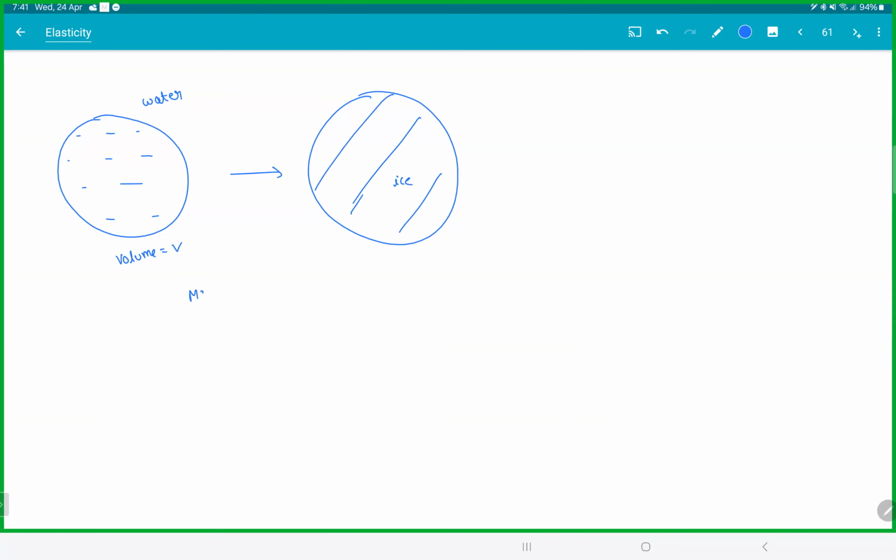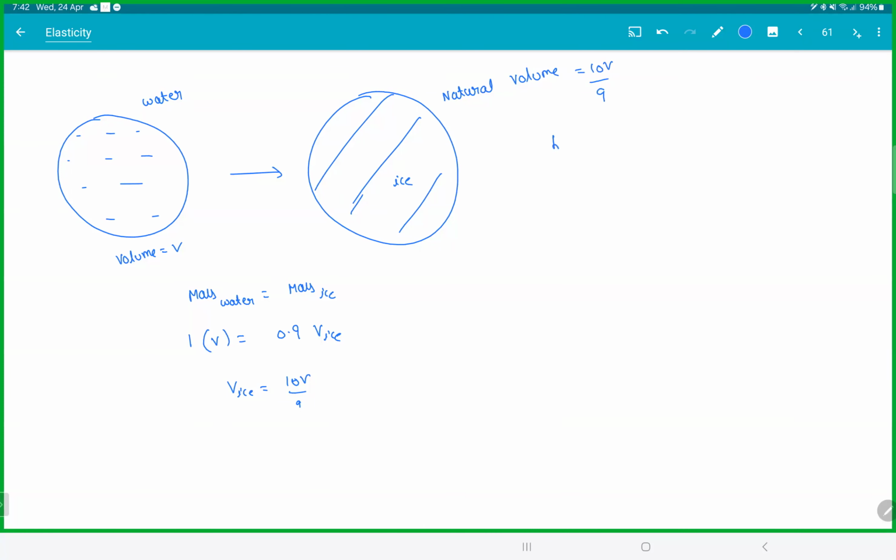So the mass of water should be equal to the mass of ice. So density is 1 gram per cc into volume V is 0.9 into the volume of ice. The volume of ice is actually 10V by 9. Now remember, this is your natural volume. If there was no shell, the ice will think I should have been 10V by 9. You're getting it? That is what the ice will think.